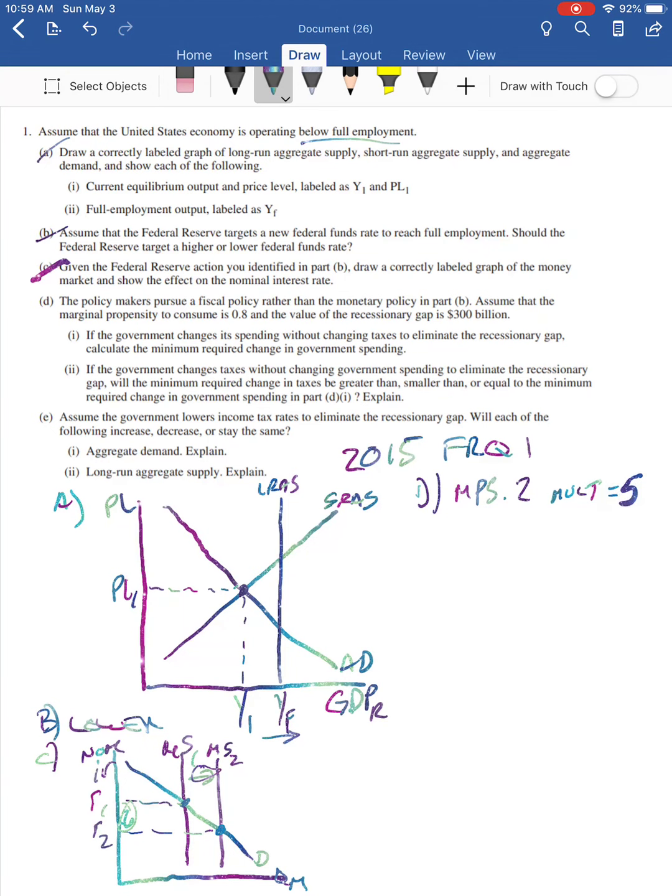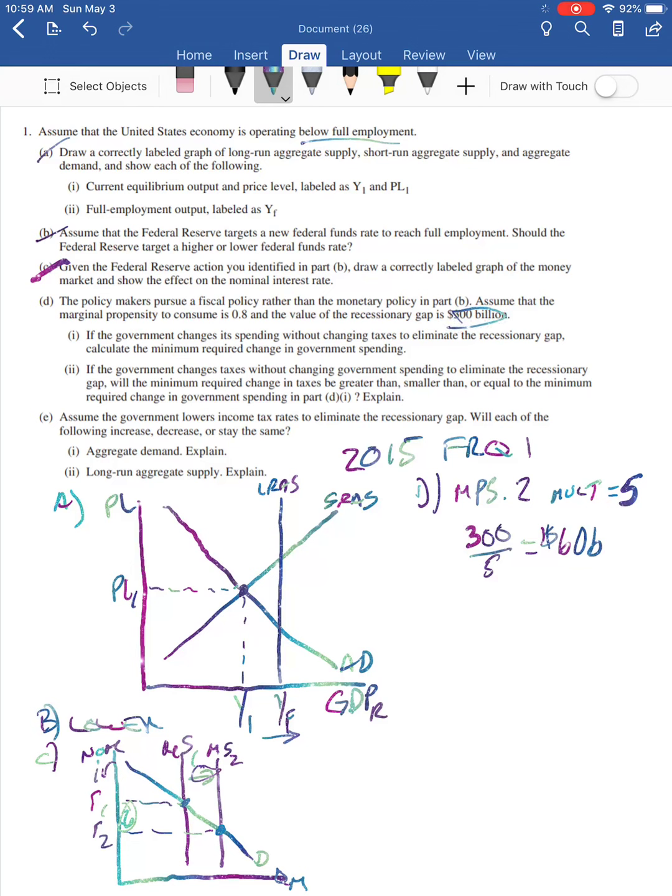So I know my multiplier is 5 in this economy. The recessionary gap is 300 billion. So in order to close that gap, I go 300 divided by 5 is 60 billion. So $60 billion of fiscal policy stimulus with the multiplier of 5 would get us to that 300 billion and close that gap.